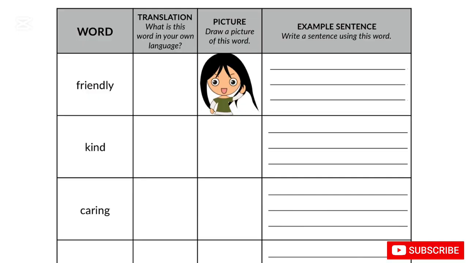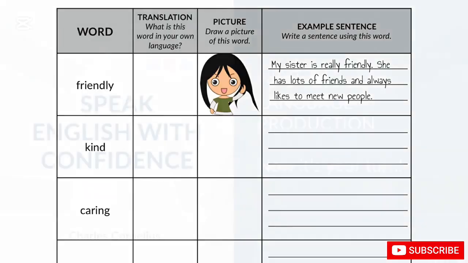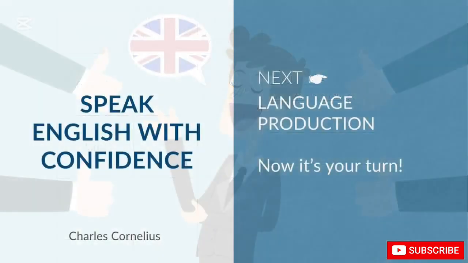And then, very important, try to write a sentence that uses the word as well. So do that, and then in the next lecture, there is a language production activity for you to do. It's your turn now to produce some language.